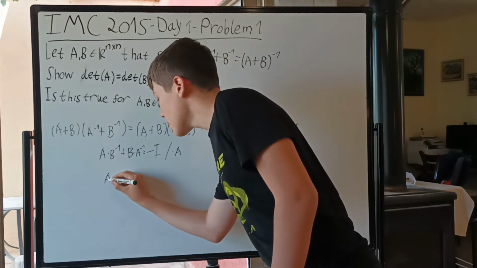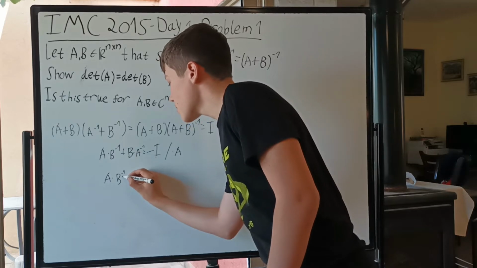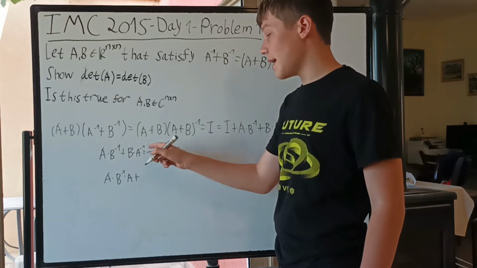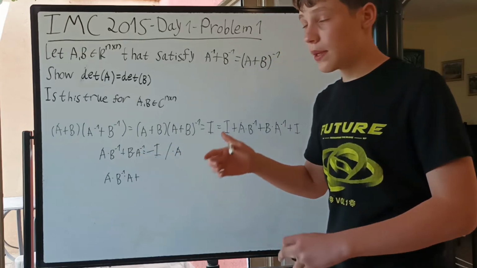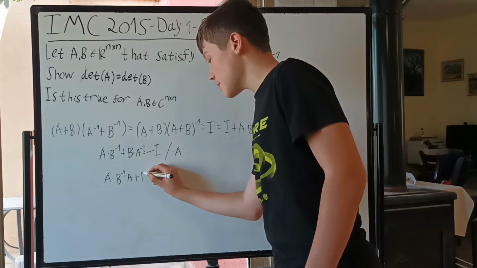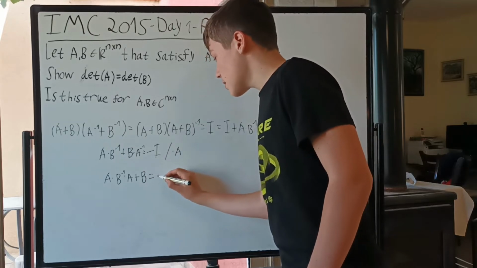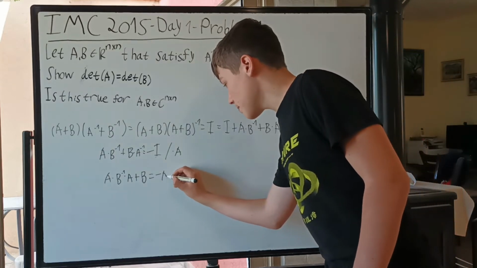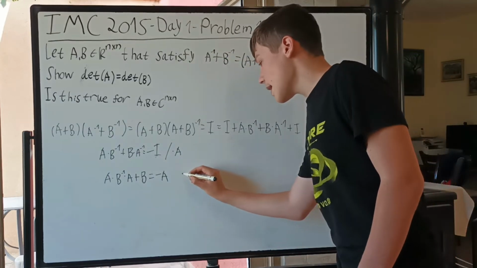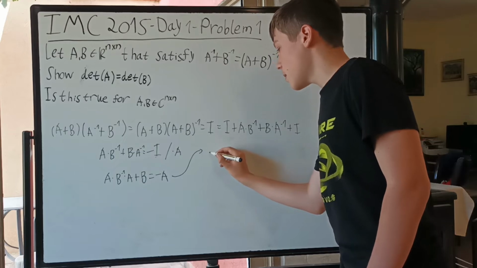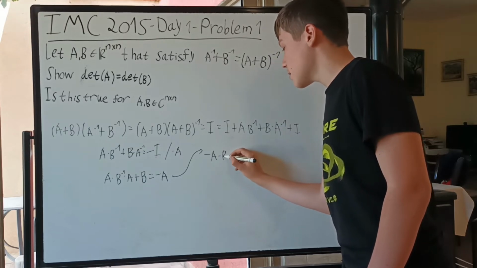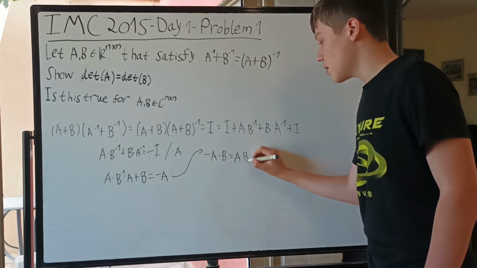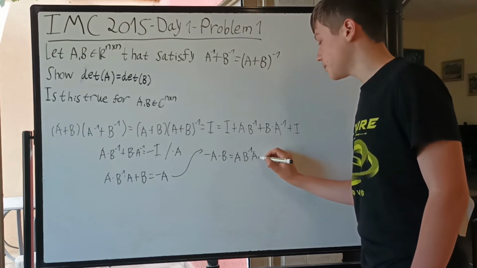So now I get A times B inverse times A. Now B times A inverse times A: A inverse times A will be the identity matrix, so B times the identity matrix is just B. And this is equal to negative I times A, which is just negative A. So now we get the negative of A minus B, so minus A minus B is equal to A B inverse A.